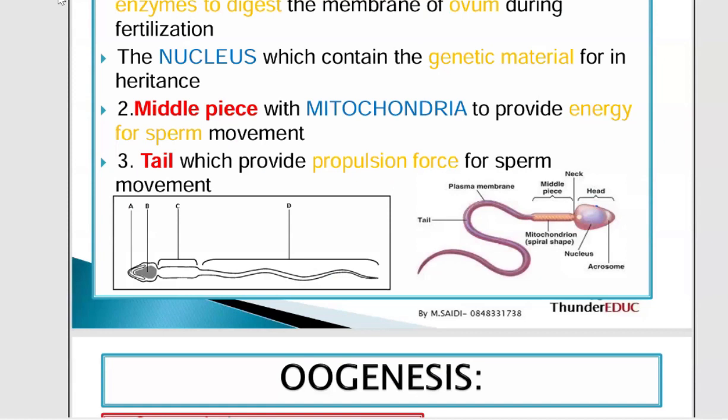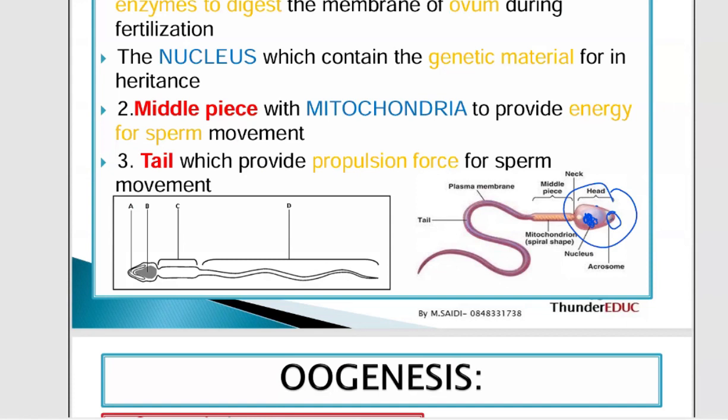When they say adaptation of the sperm for fertilization, you look at the nucleus and then the acrosome. We can only see the head by seeing the nucleus, because it's only the head which enters the ovum during fertilization.